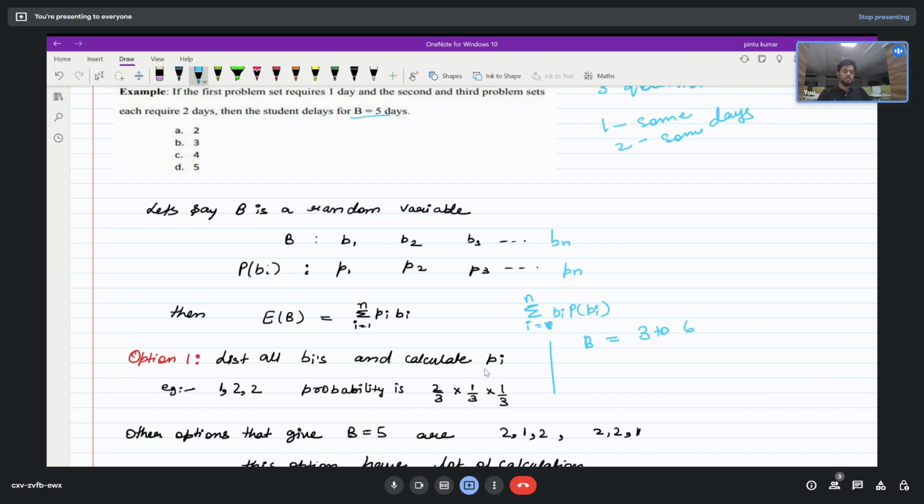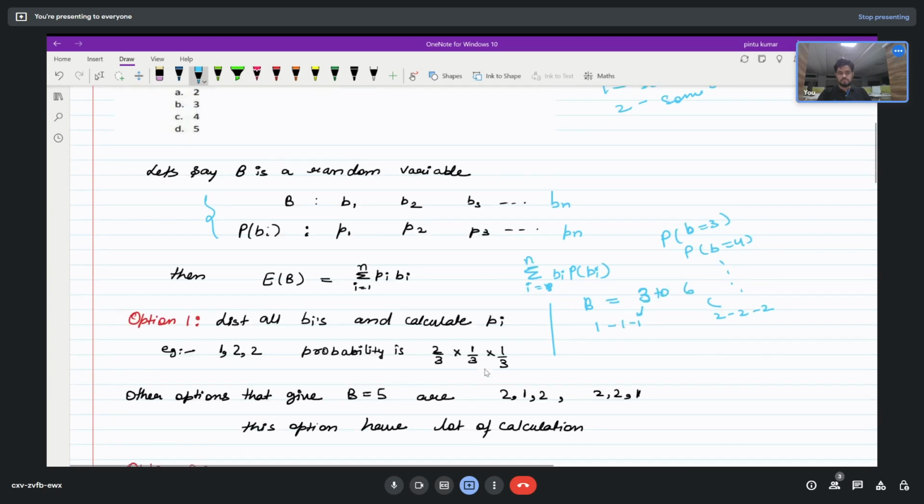The student can delay at least 1 day for each question or a maximum of 2 days for each question. So if you want to use this formula, we can find the probability that B is equal to 3, then the probability that B is equal to 4, and so on. And then we can use this formula.